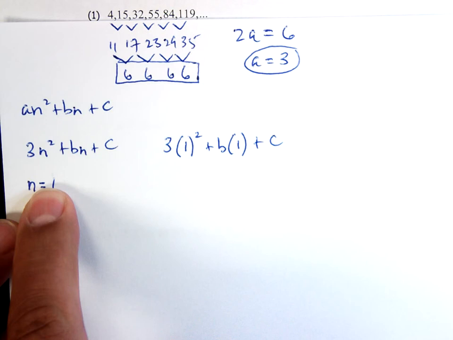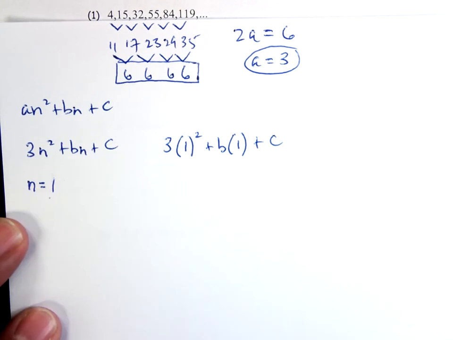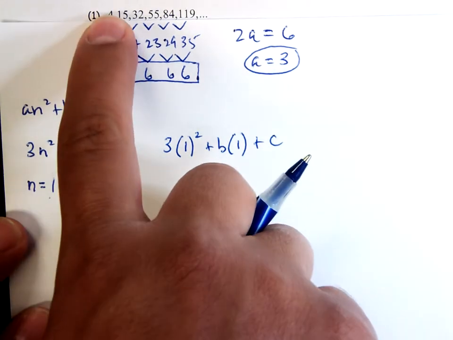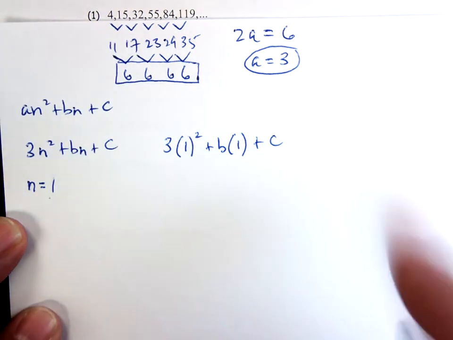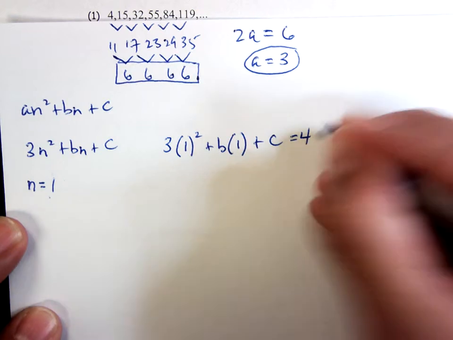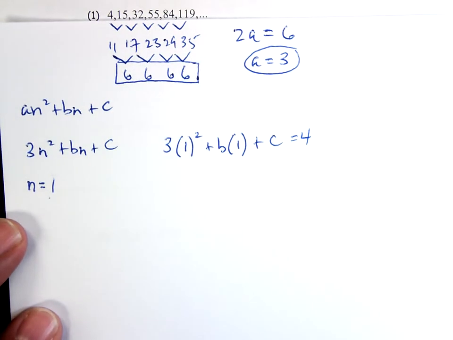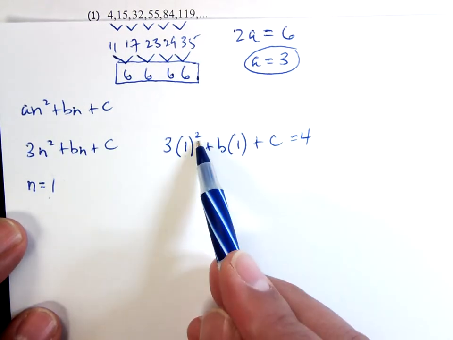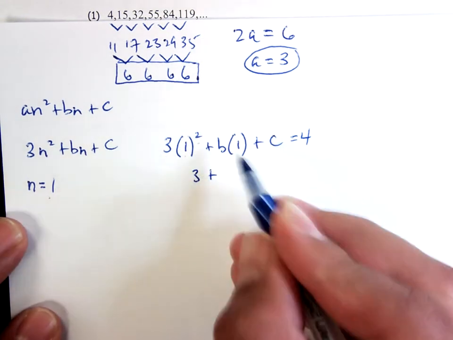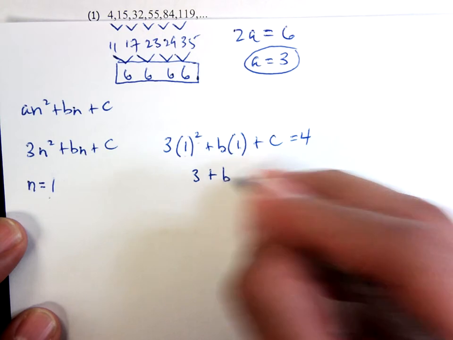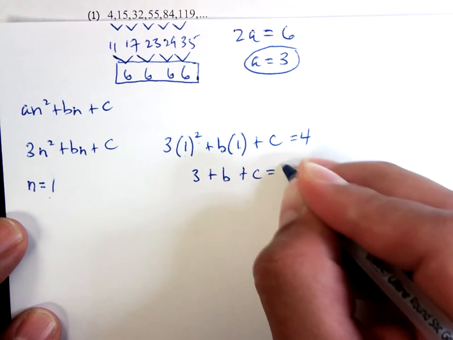And when n was equal to 1, what was my first term? When n is equal to 1, that means what is your first term? It is 4. So when I put 1 in for n, this has to be equal to 4. Okay, so I have 1 squared, which is 1, times 3, which is just 3, plus 1 times b, which is just b, plus c equals 4.